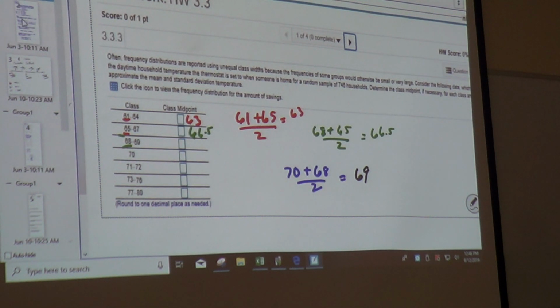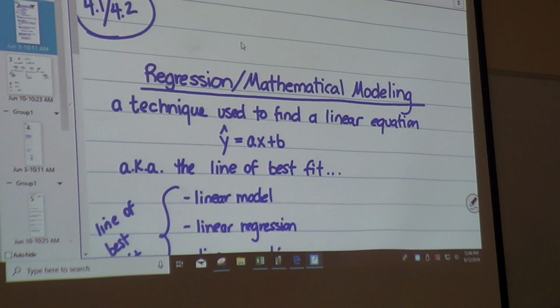Pull that over. All right, what we're going to be talking about in chapter 4 is regression, linear regression, the line of best fit, y equals ax plus b. Has any of us done linear regression? 2 out of 15. Oh, 3. Math 110, you do some linear regression?